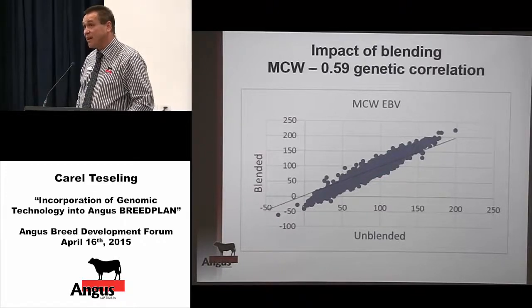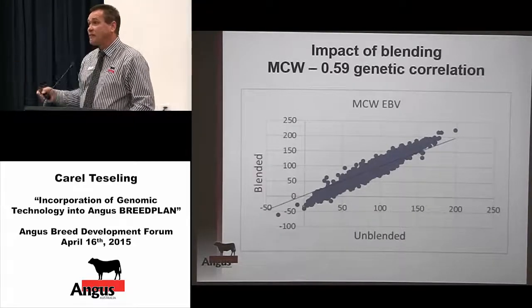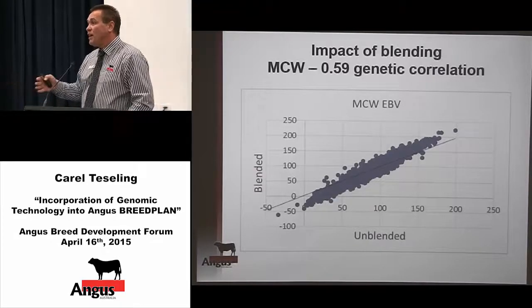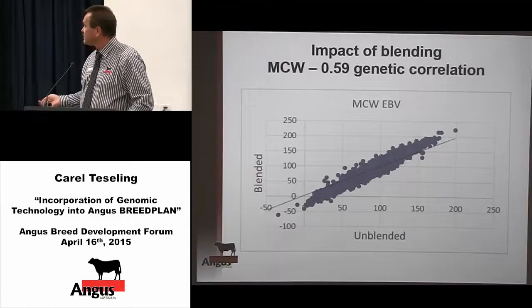That's a dramatic impact. But also remember that that is linked to the accuracy of the animal when it starts. So as there's more information, the possible impact decreases. I'll show you that in the next slide.